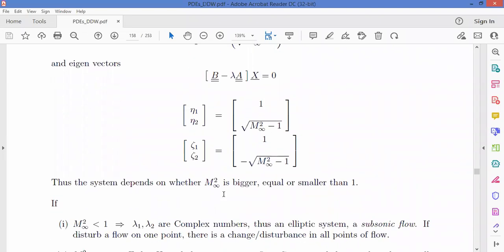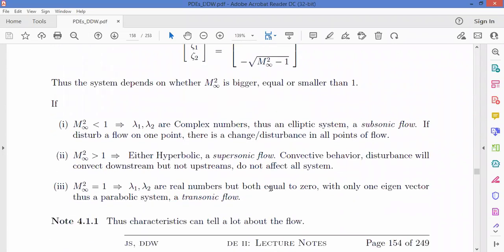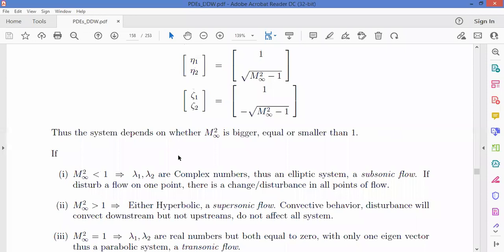Okay? And that field can also be characterized. That's why we are drawing conclusions about that field. So we are saying the system depends on whether this is bigger, equal, or smaller than 1. Of course, we are looking at the nature of the root here.